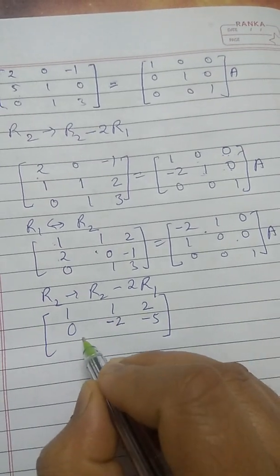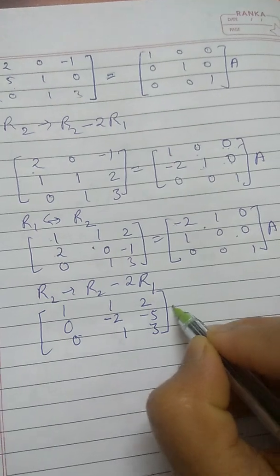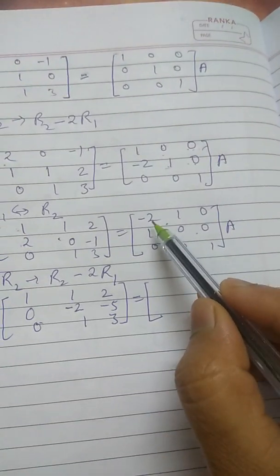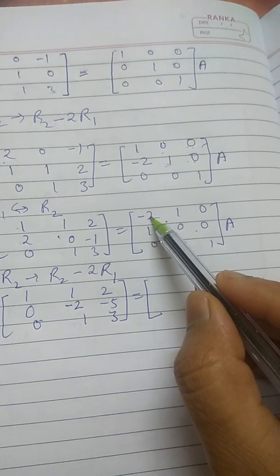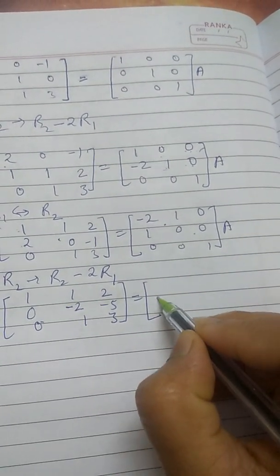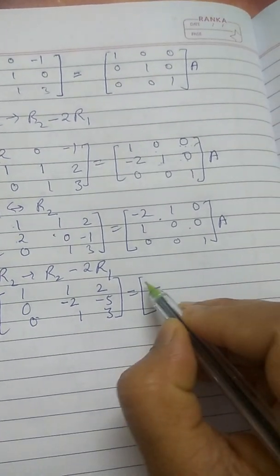And the third row stays as it is, 0 1 3. The same operation we apply on the right hand side. -2 into -2 plus 4 plus 1 gives 5, that is in the second row element.